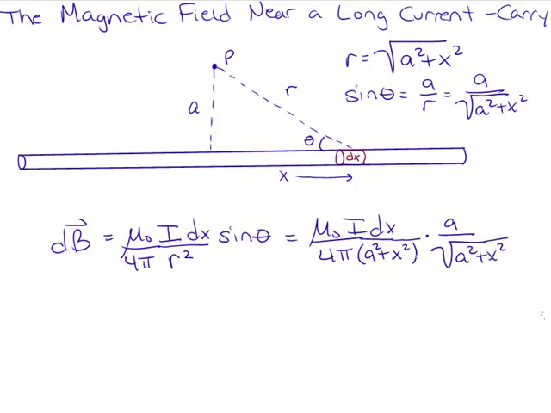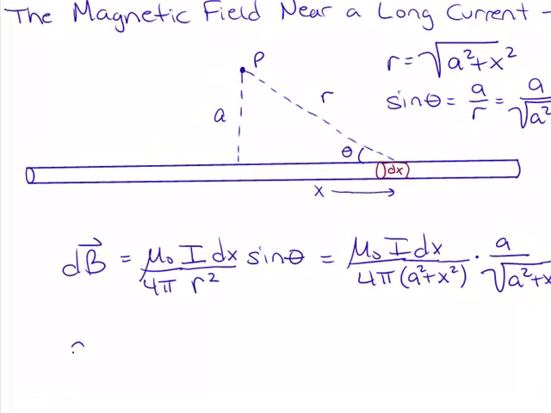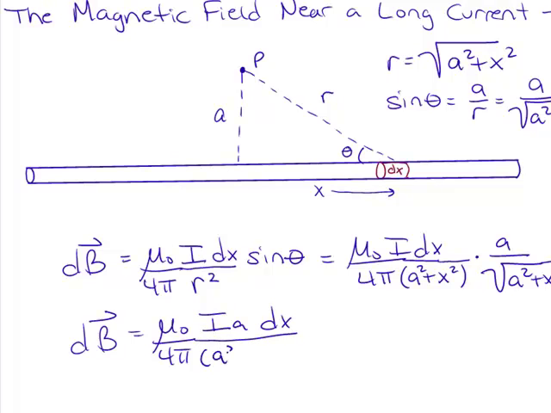Okay, so now we can do a little bit of combining, and our expression for Biot-Savart becomes dB equals our proportionality constant times I times A dx over the quantity A squared plus X squared to the 3/2.